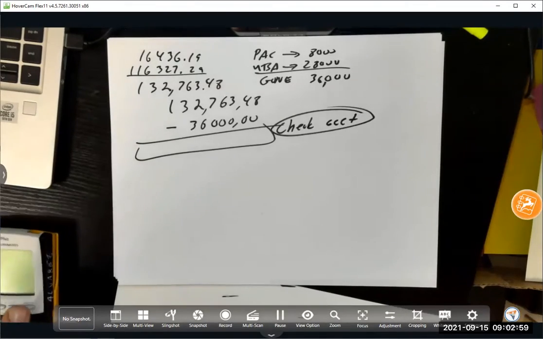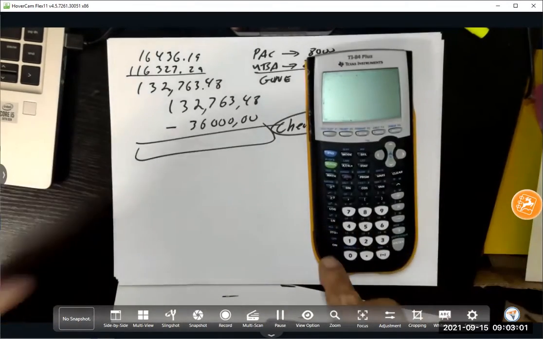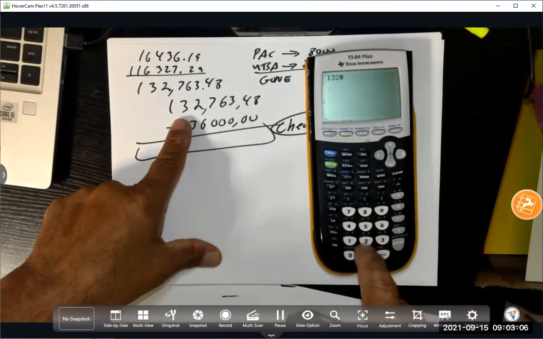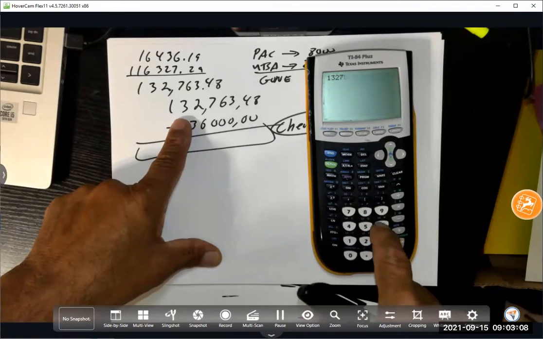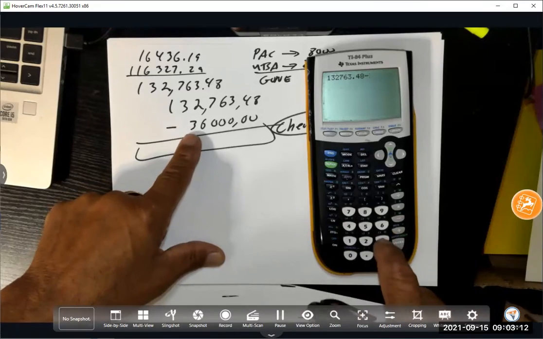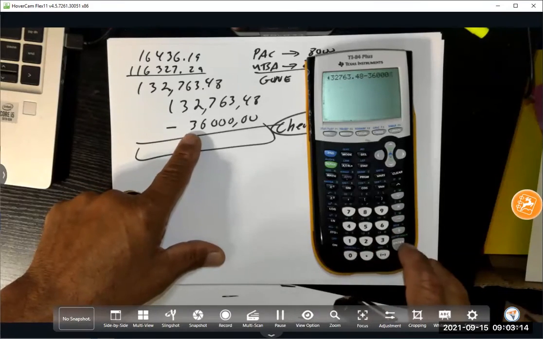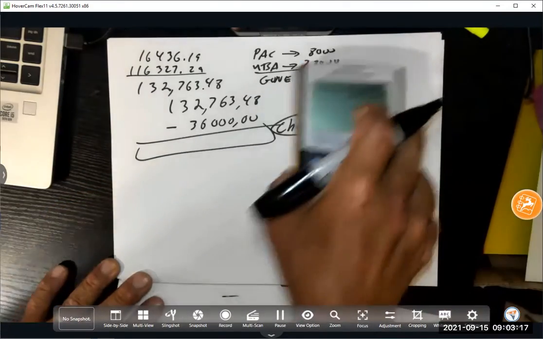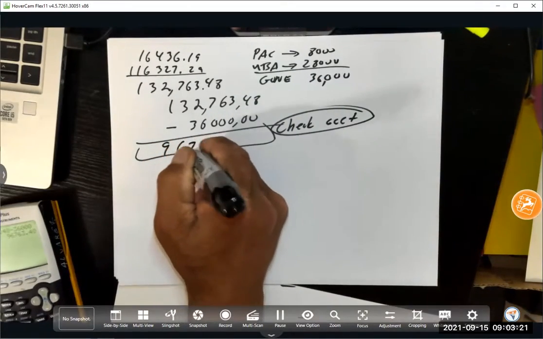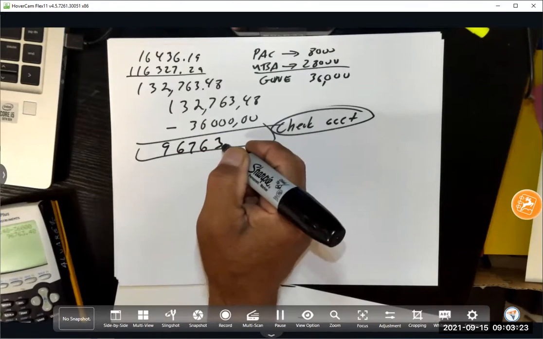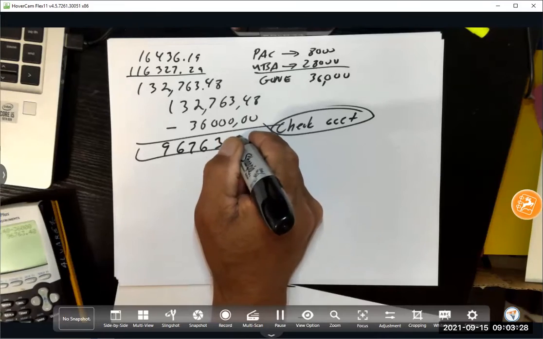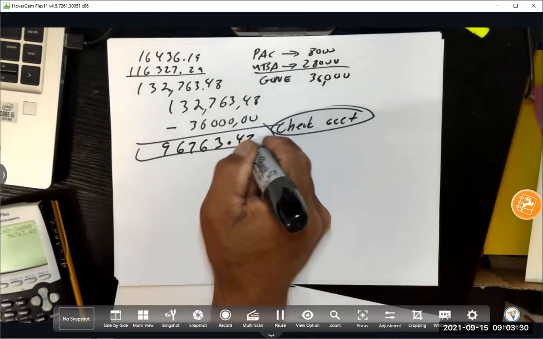Subtract those two numbers. 132,763.48 minus 36,123. What'd you get? 96,763.48.